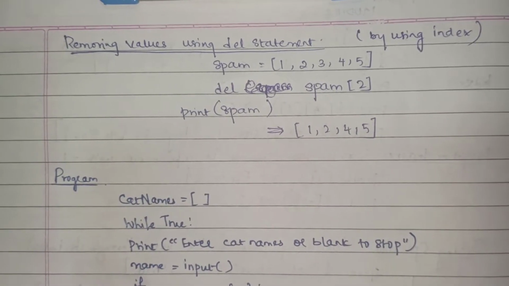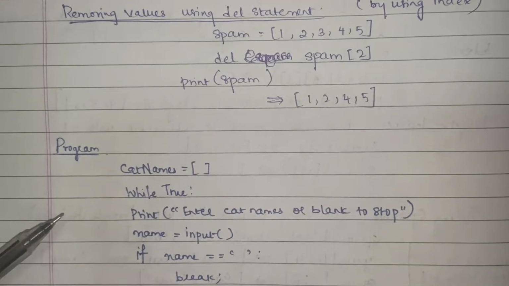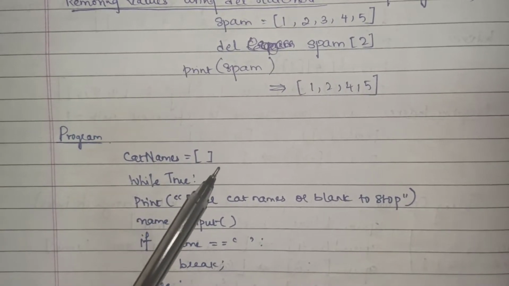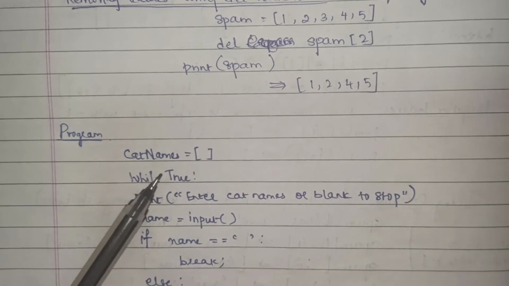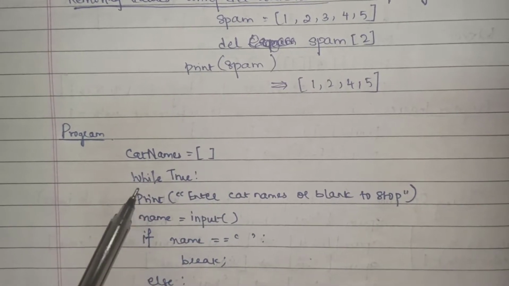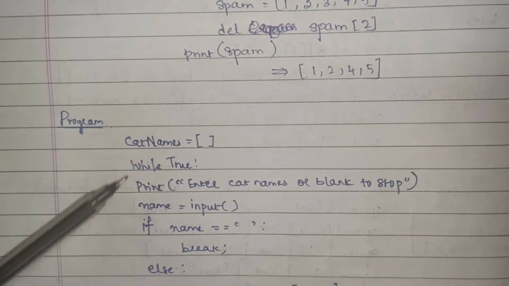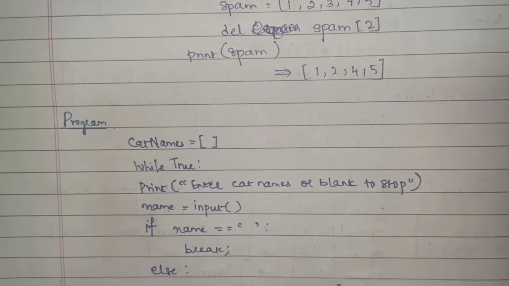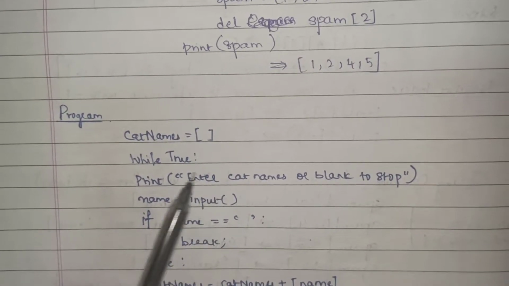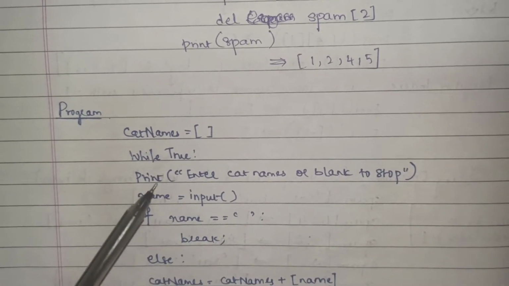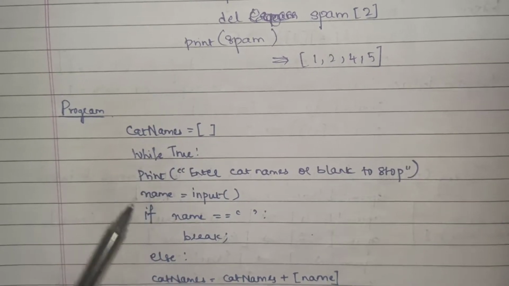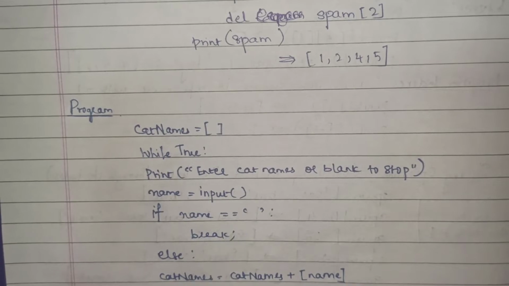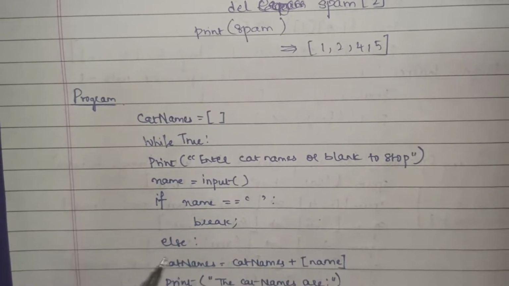Now we'll see a program which uses the list. Firstly, you specify a blank list with the name cat_names, and you run a while True, that is an infinite loop, and ask the user to enter the cat names or blank to stop. You use the input function to get whatever the user enters and store it in name. If this name is equal to blank, then you break.